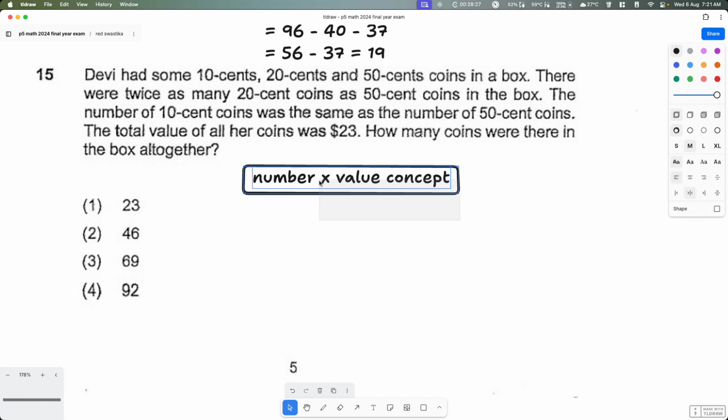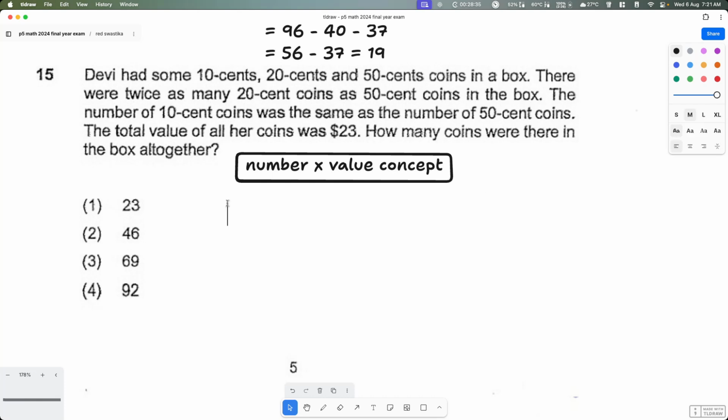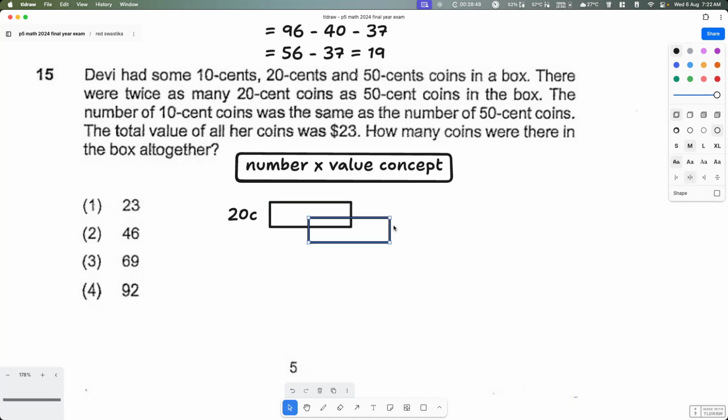Basically you can do models if you want as well. So if I were to show you, 20 cents has 2 times as much as 50 cents, so I'm going to put it like this. 1 and 2, like this, and then 50 cents is like this.